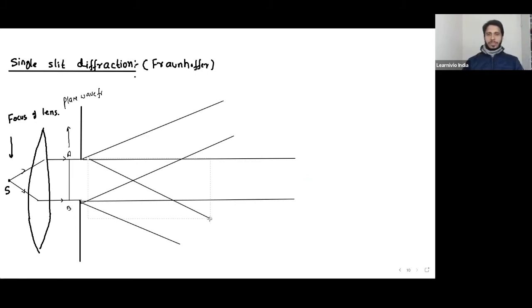What we have seen in that experiment. And when they bend, they try to superimpose each other. When they superimpose, they give rise to maxima and minima. They can either superimpose constructively, meaning waves will add up, or they can superimpose destructively, meaning wave will cancel wave.